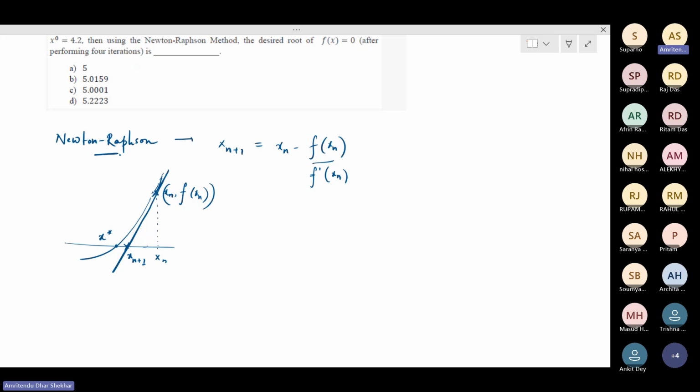What is the equation of this tangent? The equation of the tangent at the point (xn, f of xn) is y minus f of xn is equal to f dash of xn times (x minus xn).